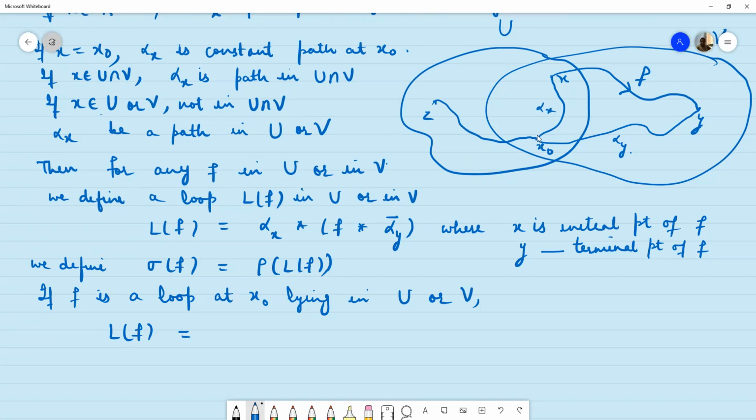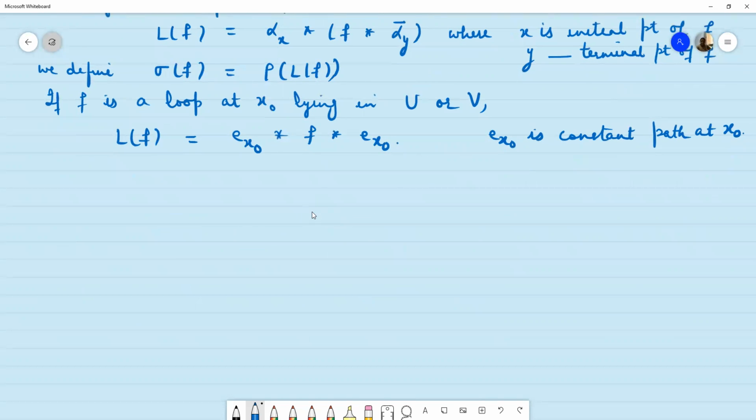Because f itself is a loop based at x0, the starting and ending points of f are just x0, so alpha x0 is just the constant path at x0, e_x0. By definition, L_f is e_x0 star f star e_x0, where e_x0 is the constant path at point x0. So for this loop f based at point x0, L_f is this.